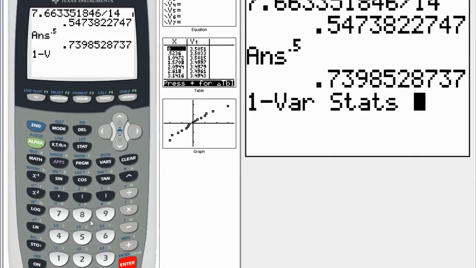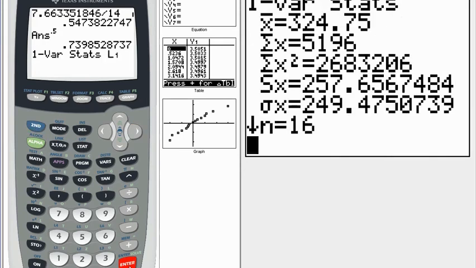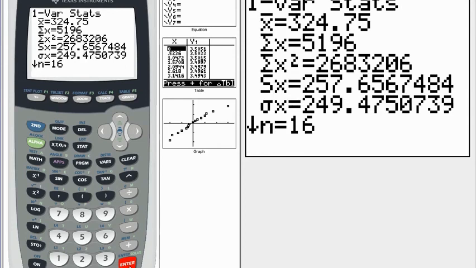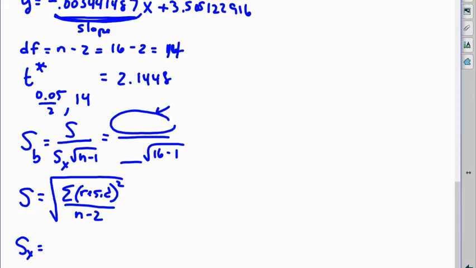I also need the standard deviation for my observed x values. So by looking at L1, I get 257.6567484. Let's take both of these numbers and put them into the standard error of the slope equation.